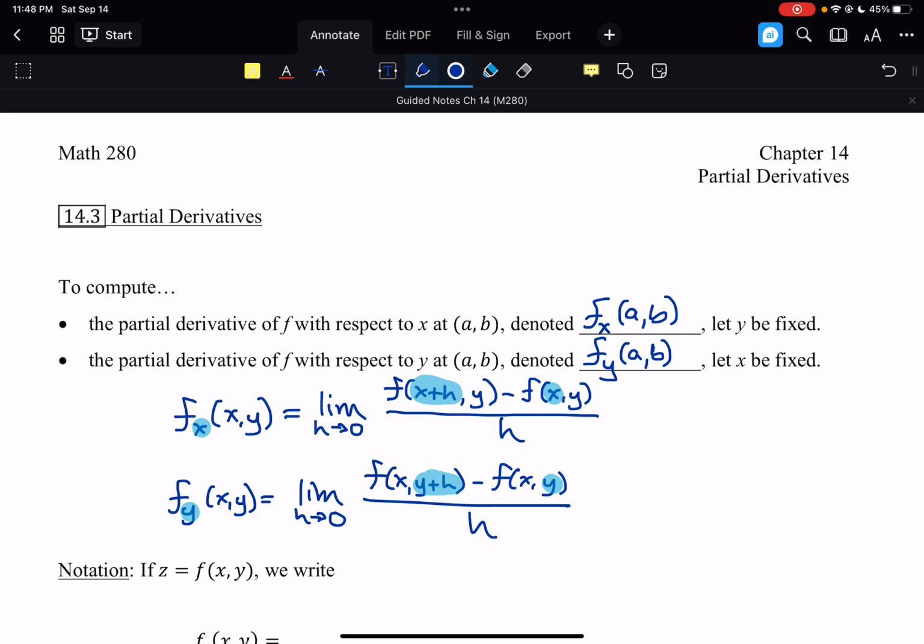Okay. Now, luckily for us, we're not going to be spending a lot of time working with limits of difference quotients in here. We're going to dive right into the differentiation rules and notation. The good news is the way that you compute derivatives does not change in these partial derivative functions.